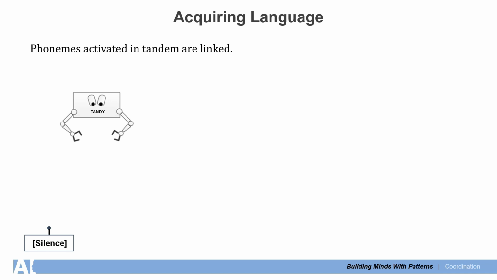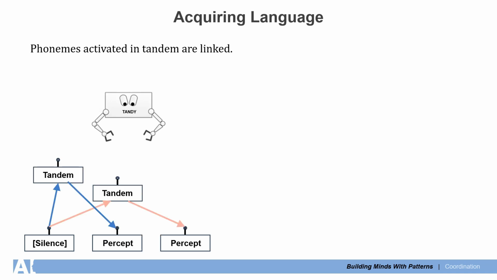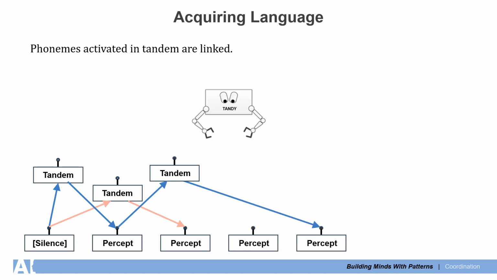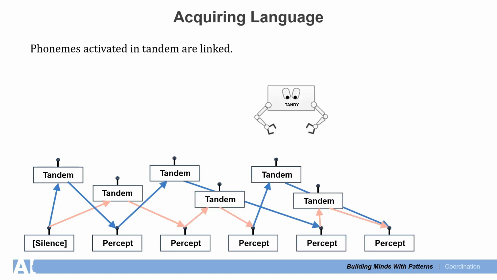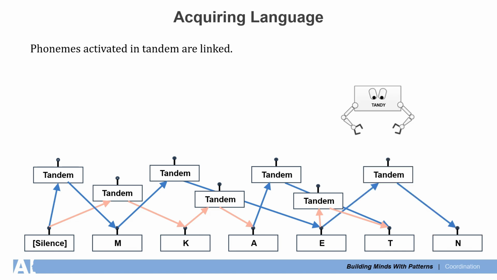Phonemes activated in tandem are linked. So phonemes are percepts in the phonetic modality. We can translate some of these percepts as their underlying phonemes. So we have silence, we have k, a, e, t, and so on as phonemes.